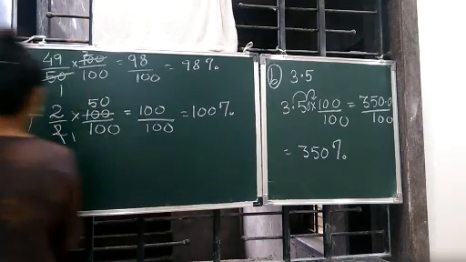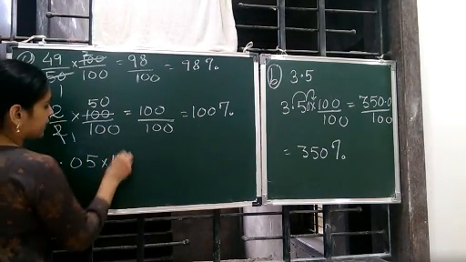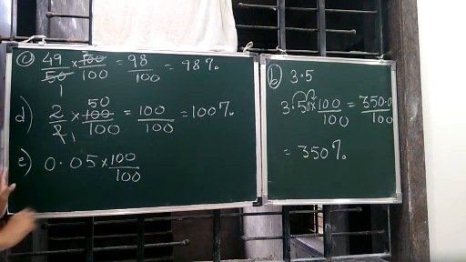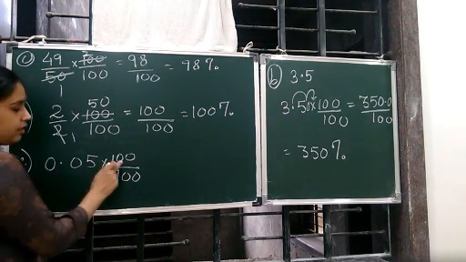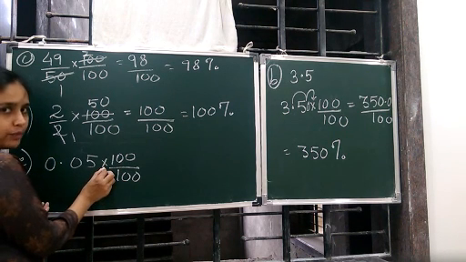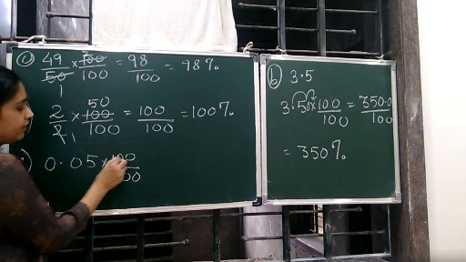0.05. We multiply by 100% or multiply by 100 upon 100. Again you see there is a decimal and zeros, so there will be shifting. Which side? Right side, because there is multiplication. How many places of shifting? 1, 2.